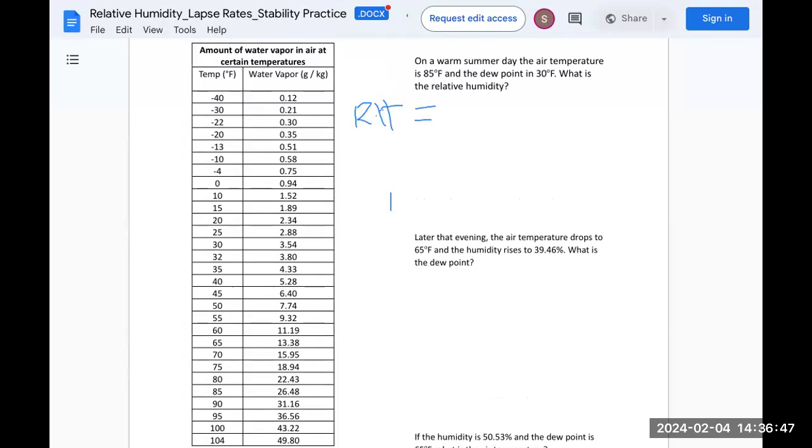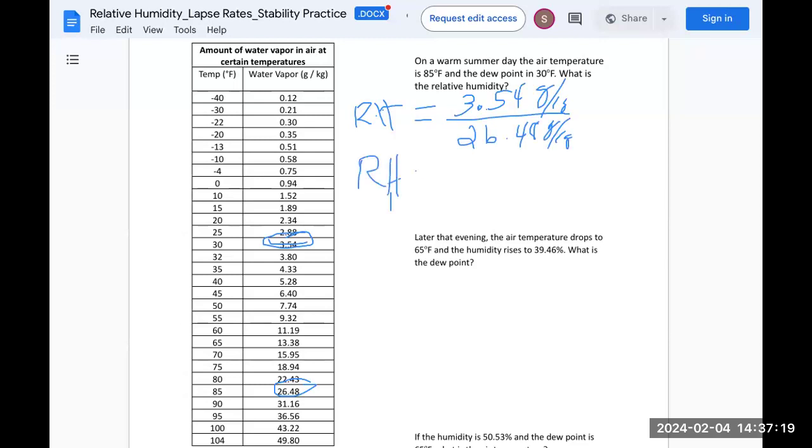dew point temperature is 30, and if you come over to the table, that means it has 3.54 grams per kilogram of moisture. You take that over the air temperature, which at 85 degrees is 26.48 grams per kilogram. So those units will cross out and you get a nice ratio.